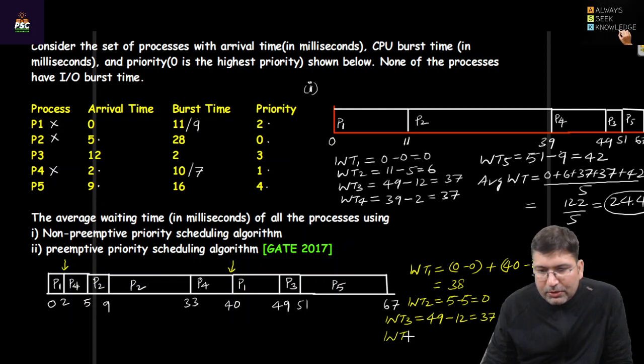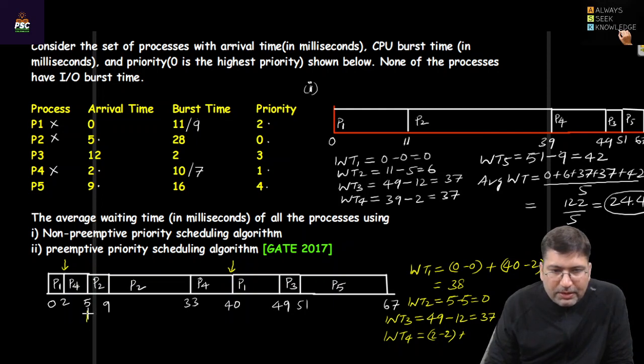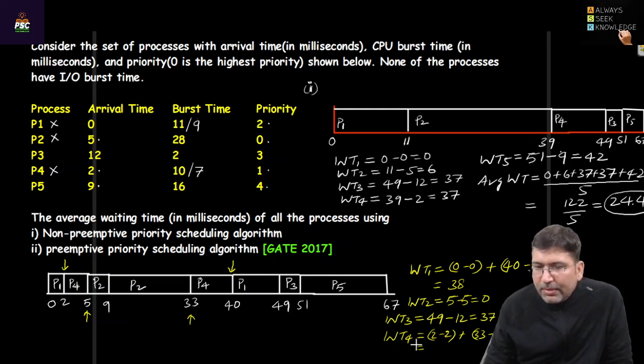And waiting time for process 4, if we calculate, process 4 has 2 waitings. Process 4 arrives at 2 and starts executing at 2. That means the very first waiting is 2 minus 2, that is 0. But process 4 has been interrupted at 5 and again started at 33. So the second waiting for process 4 is 33 minus 5, which gives you 28. So the waiting time for process 4 is 28.